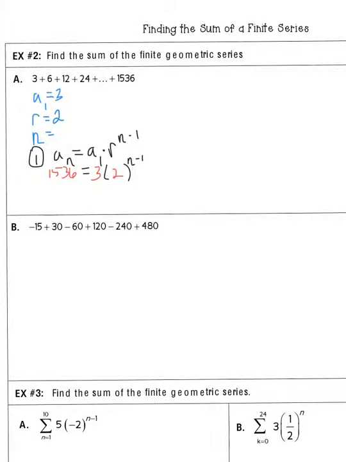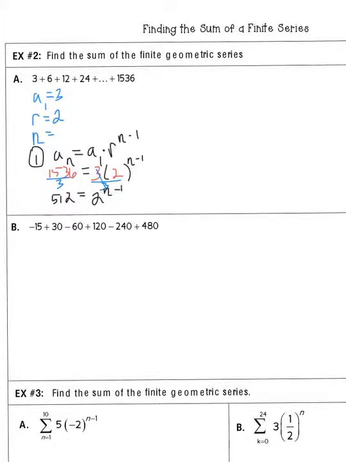Then you want to divide both sides by 3 to get the power by itself. And so 1536 divided by 3 is 512, which equals 2 to the n minus 1.